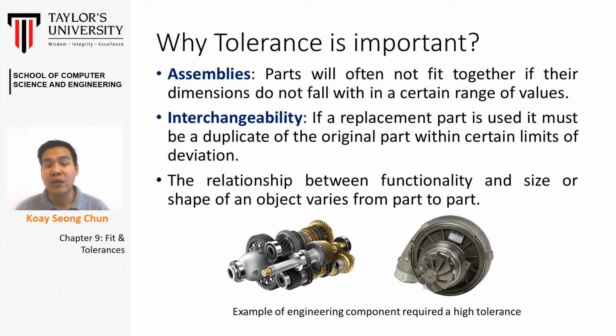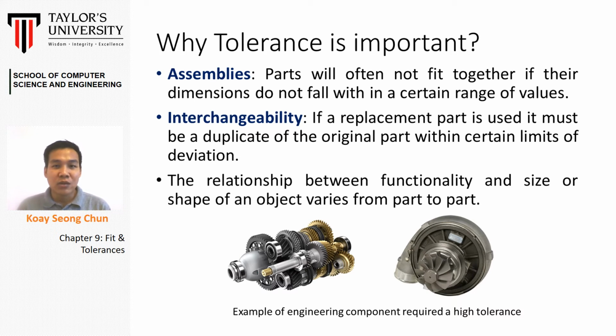The first thing is assembly. A lot of products have more than one component, so we need to make sure all these parts are within a certain range of values, especially the parts that need to be joined together. As in the example just now, if the part has a very large tolerance, when you fit two components together, the fit will be loose.